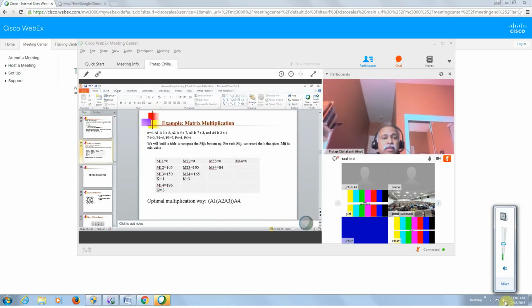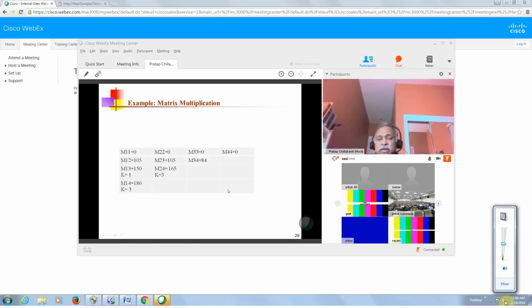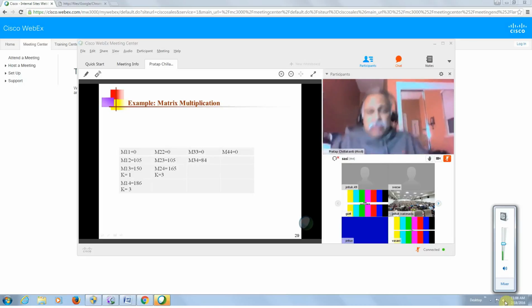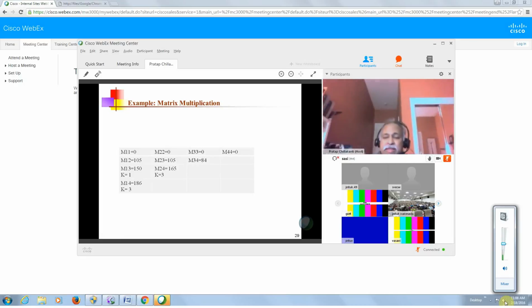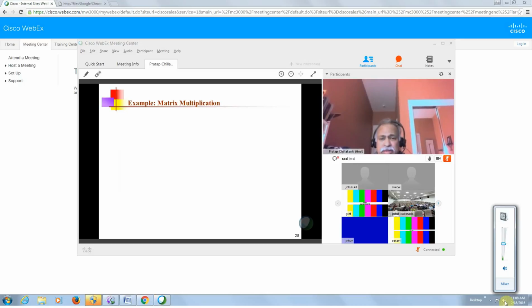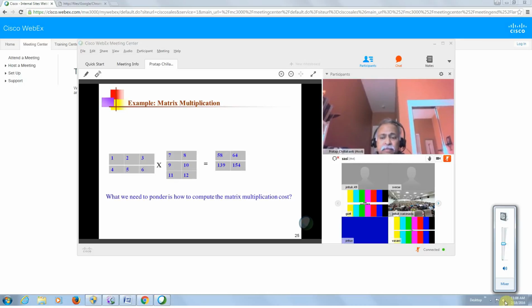Full screen. Somebody is saying put it in full screen mode. Okay, I'll be happy to do that. Sometimes for me, when I put it in full screen mode, what happens is when I want to write, I cannot write in full screen mode. That is the reason why I try to keep it in the other mode. Hold on a second. Something happened here.